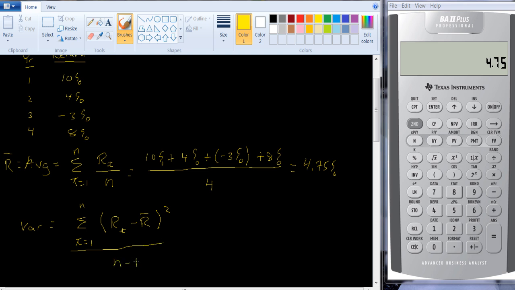Instead of dividing by n, we divide by n minus 1 because, as statisticians will tell us, we lose a degree of freedom when we computed the average here. So you should divide by 3 instead of 4.